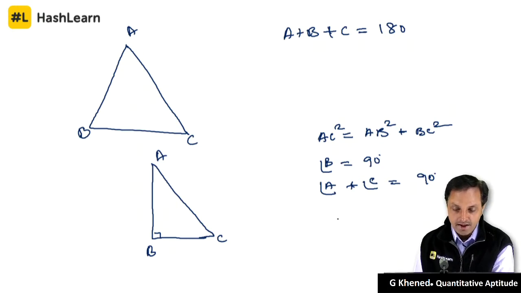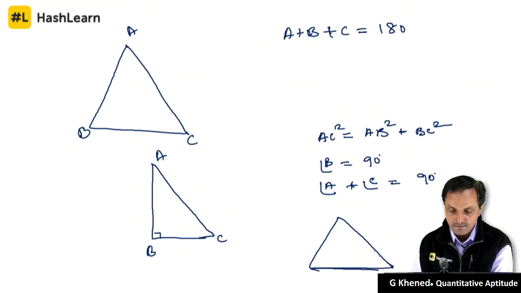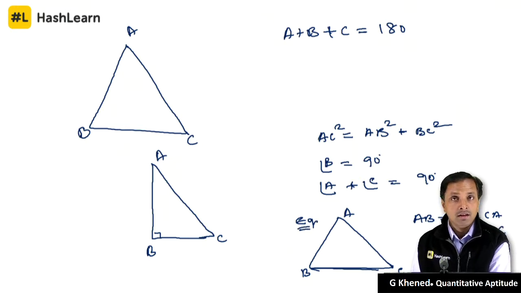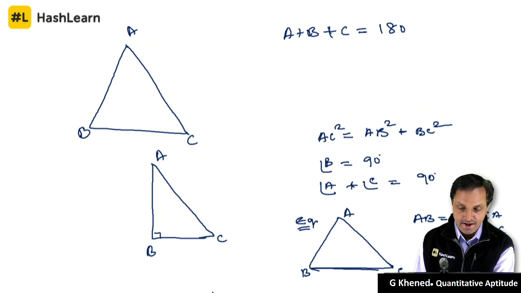Suppose you have an equilateral triangle, all the sides will be equal, and all the angles will be equal if it is an equilateral triangle. Suppose it is an isosceles triangle.